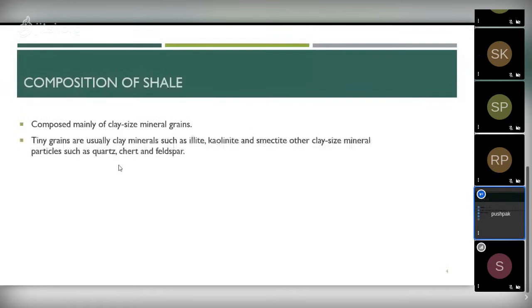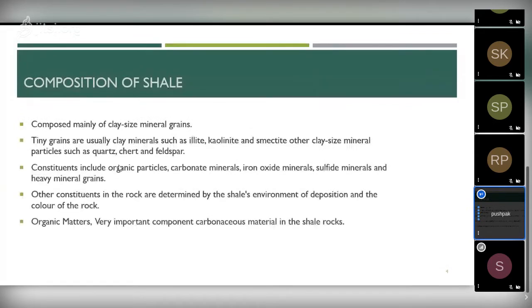Next is composition. Shales are composed of silt, clay minerals, and quartz grains. Tiny grains are usually clay minerals such as illite, kaolinite, and smectite, and other clay-sized mineral particles such as quartz, chert, and feldspar. Generally they are gray in color.